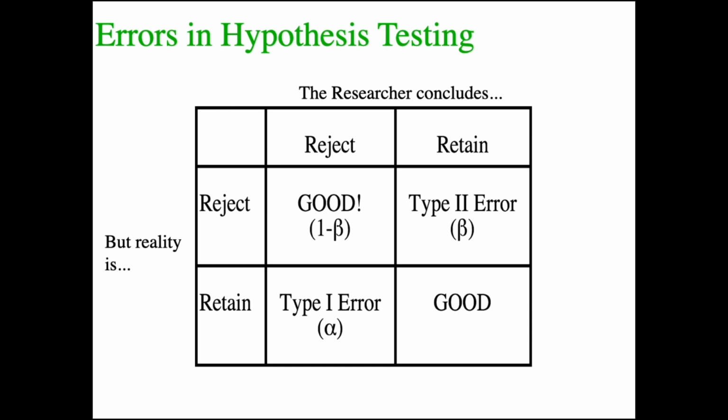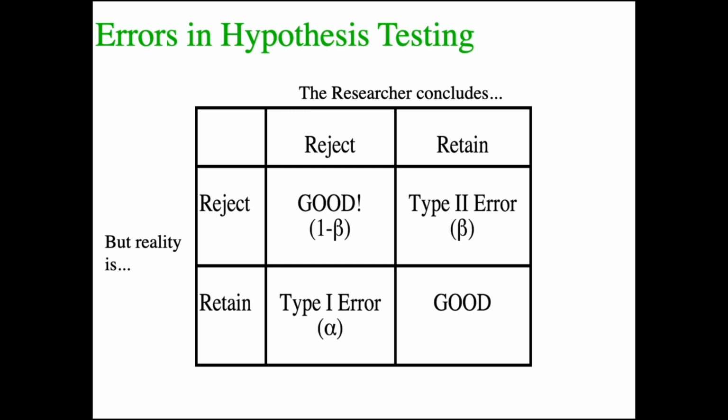Now, if we concluded to reject the H0, and reality is that this sample really comes from a different population than the one specified in the hypothesis test, that would be a correct decision, right? We'd be concluding that we should have rejected H0, and we should have rejected H0. So I wrote good here.